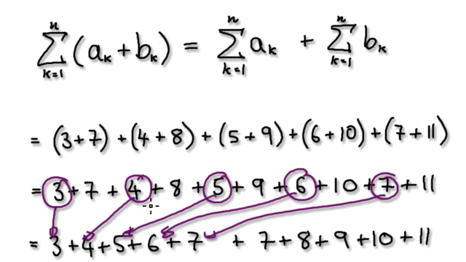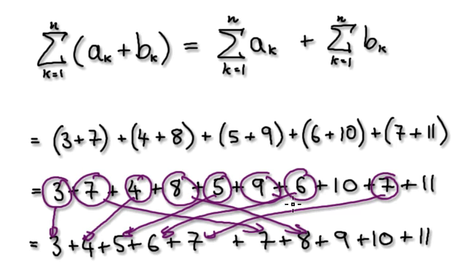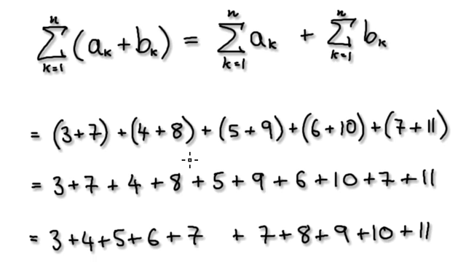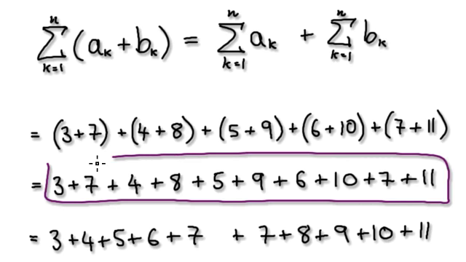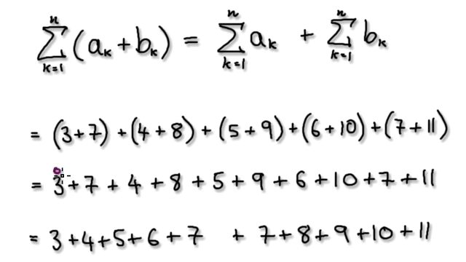Then this one goes over here, and the 8 goes over here, and so on. So you're just rearranging everything. For you to sum up the whole thing, you just concentrate on summing up these ones here.